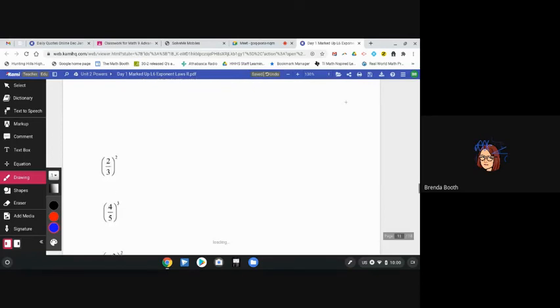Okay, so let's take a look at some examples here. So for this first one, I'm going to again apply an exponent law to make this go a little faster. The long way, I'm only going to show one more time, would be like this. The base is 2/3 and it's being repeated twice. And then I would use my rules for multiplying fractions, and I'd multiply straight across the top and straight across the bottom.